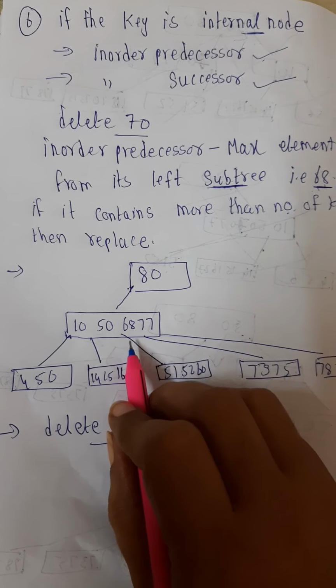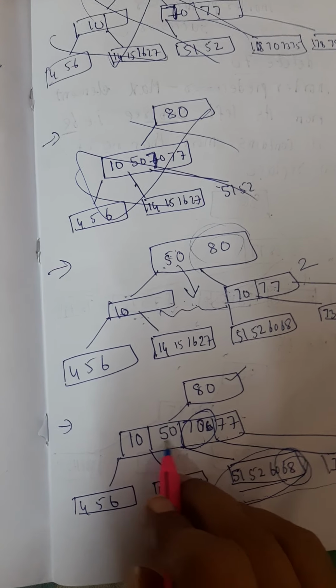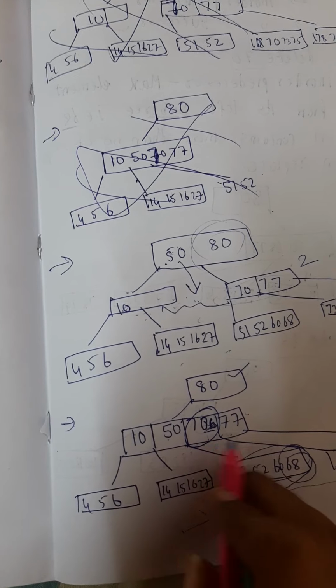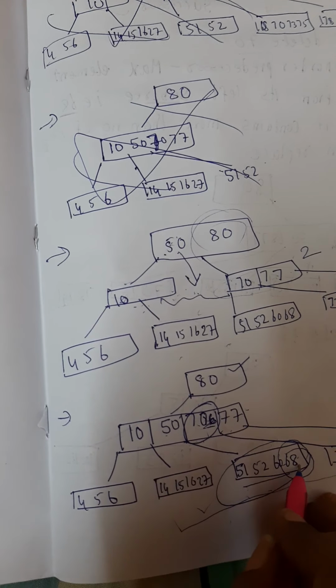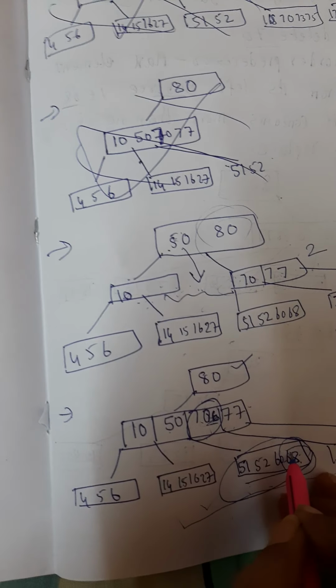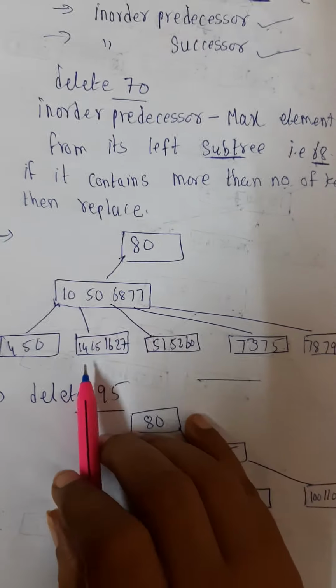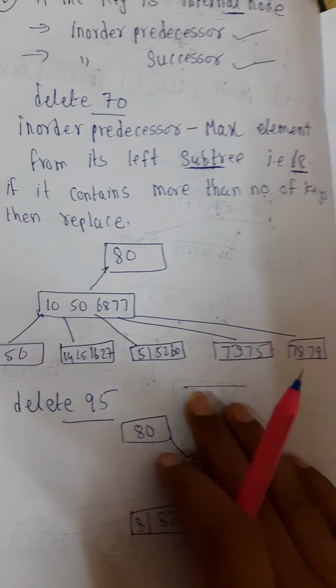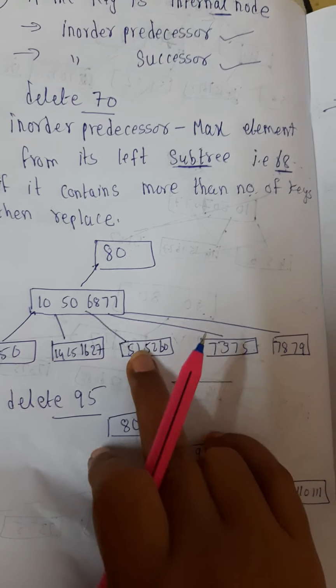So 80, now 10, 50, this 70, I am replacing with the in-order predecessor. So instead of 70, now 70 is deleted. Now this will be moving up, 68 and 77. Now the remaining are the same. I did not do anything. 68 we have removed from here.